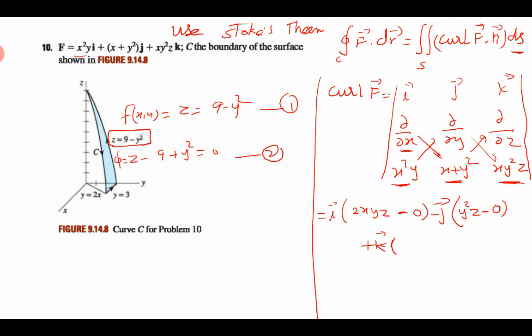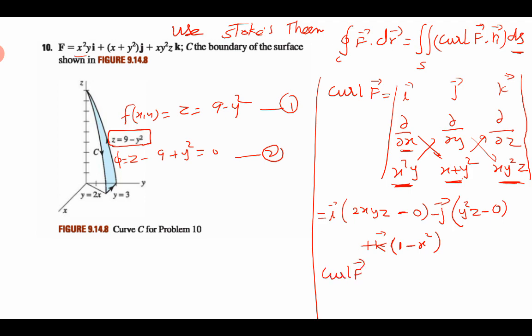First differentiate this one with respect to x, you will get 1, since y square is constant. And differentiate this one with respect to y, you get minus x square.